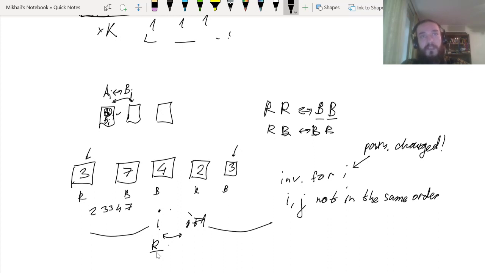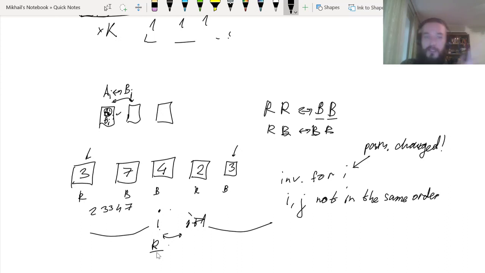And if it's blue, it changed an odd number of times. So if it's red, we made an even number of operations with it. And if it's blue, it changed an odd number of operations.